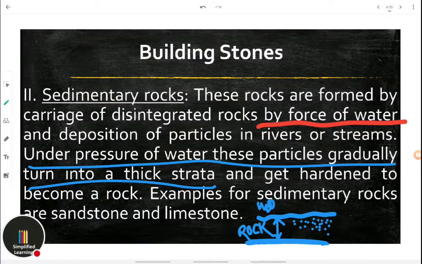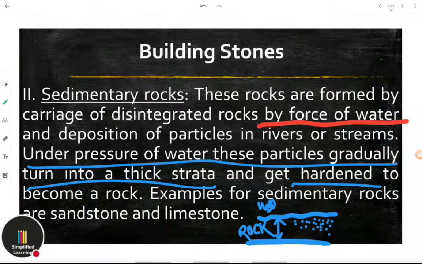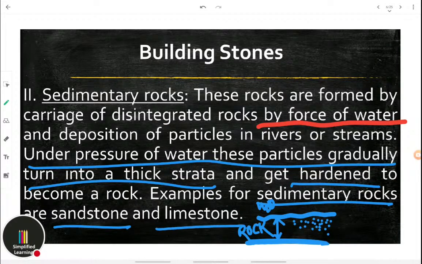Stratified masses are formed and they get hardened, and the reason for the hardening of the building stone is hydrostatic as well as hydrodynamic pressure. The best examples of sedimentary rocks are sandstone and limestone.